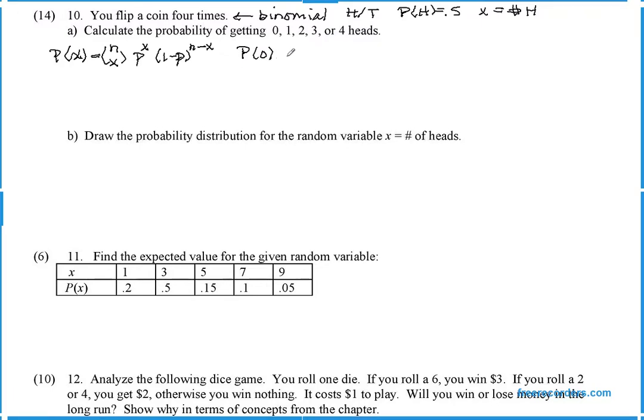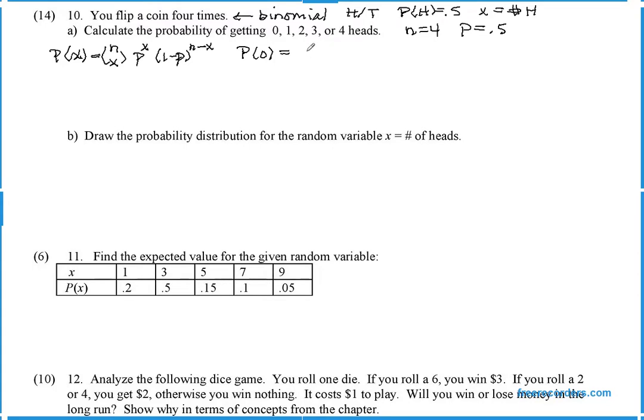Well, we flip a coin 4 times here, so n is going to equal 4. Okay, so we've got this value n. We've already got our p. That's right here, 0.5. p equals 0.5, probability of a success, which is heads. And then our x values are here, 0, 1, 2, 3, or 4.